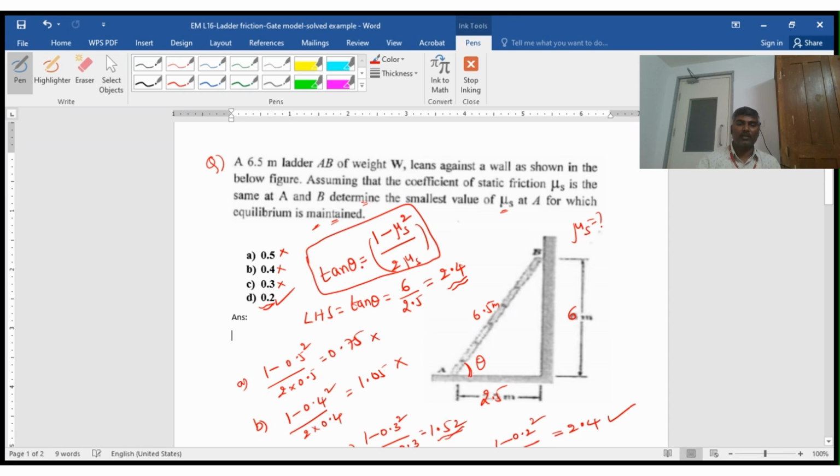You see, the weight of the ladder has no role to play. The equation given here, tan theta equals (1 minus mu s square) by 2 mu s, is nowhere related to the weight of the ladder. It all depends on the geometry. So keep this in mind and use this equation wherever it is necessary.